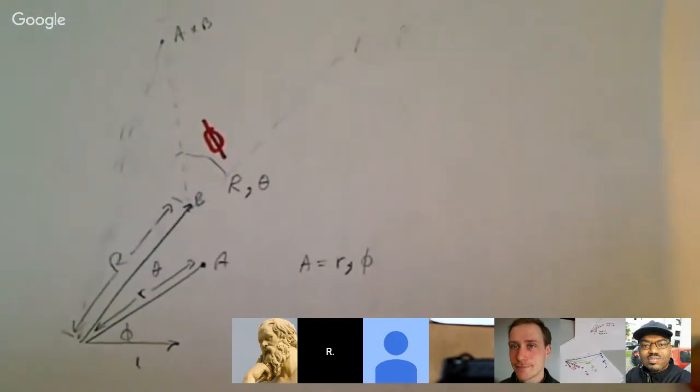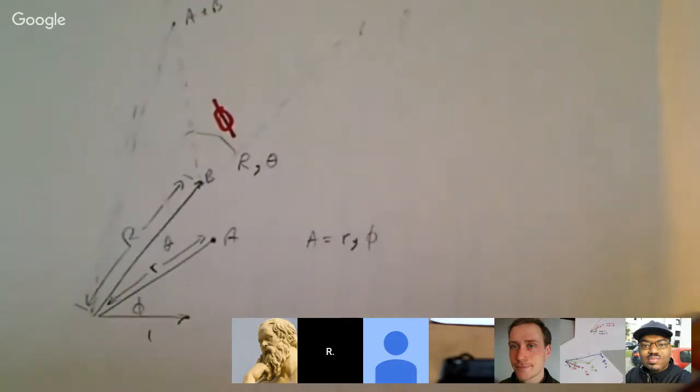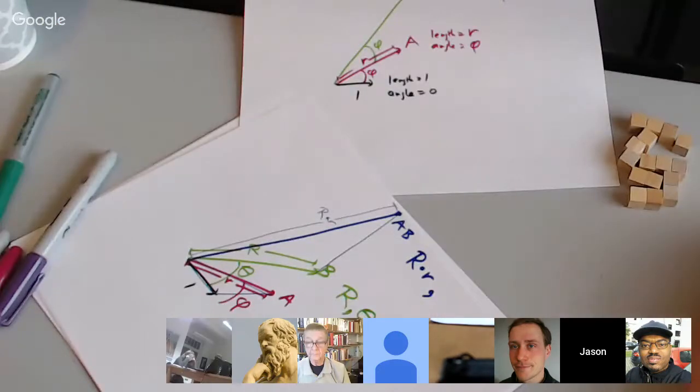Between 1 and A, phi is the angle enclosed between 1 and A. So if it's the same type of relationship, it should also be the angle enclosed between B and the product. You've got it drawn as a kind of exterior angle over there. Is that difference clear?